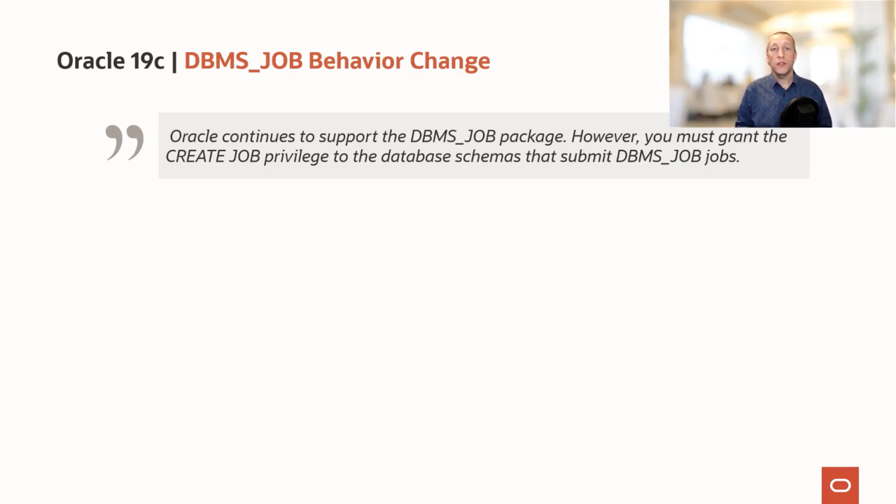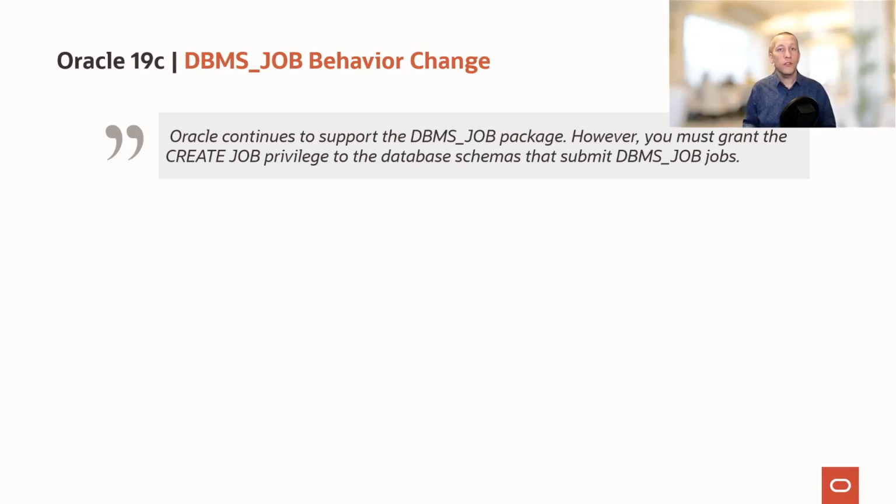In addition, there is a change of behavior with the DBMS_JOB package. In database 19C, the schema that has to submit jobs using DBMS_JOB must now have the CREATE JOB privilege. When you create jobs with DBMS_JOB, the API still remains, but underneath the hood, the code has been changed, so it's actually now using the scheduler.